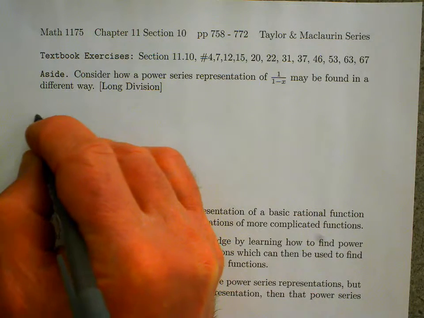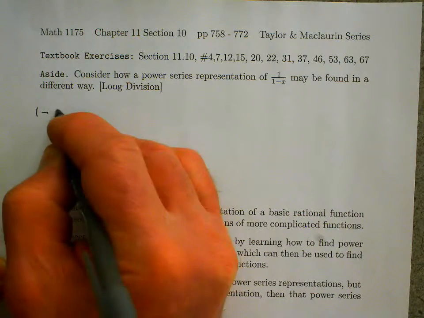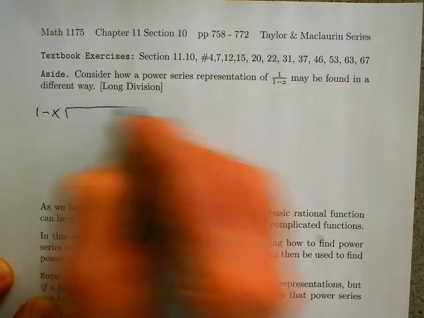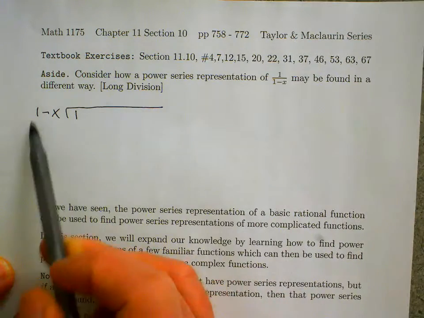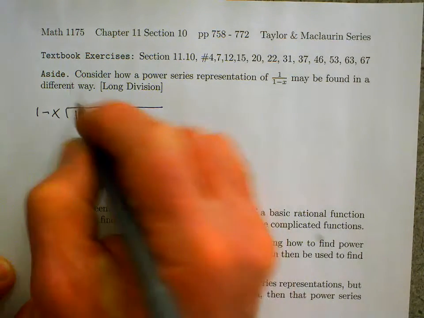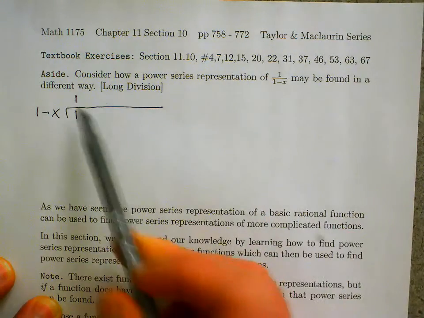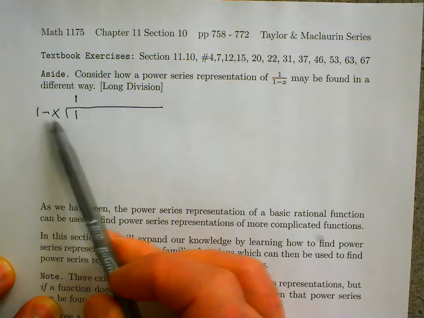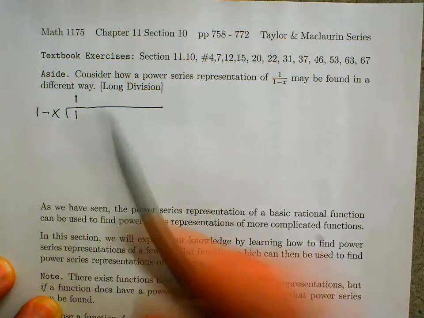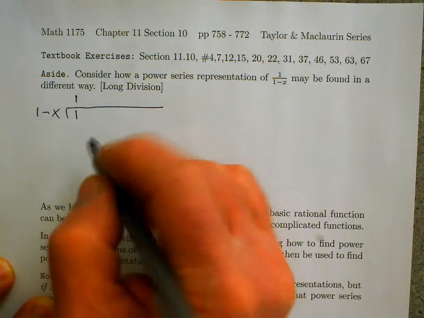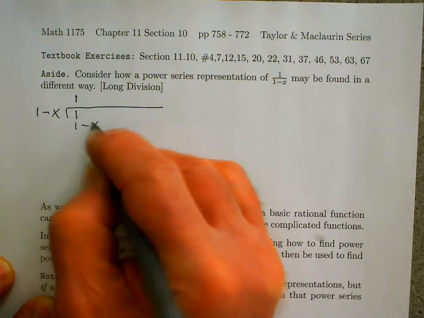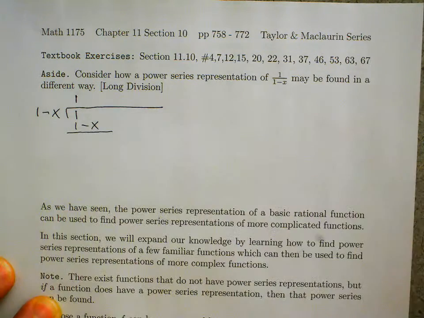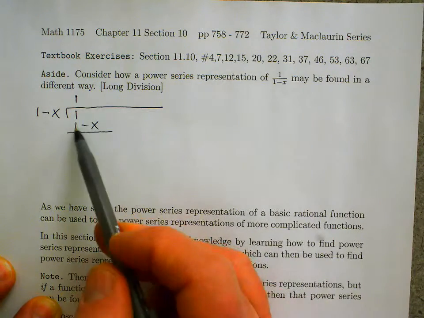So in long division, if we divide 1 minus x into 1, 1 goes into 1 once, and then multiply 1 times the divisor. So 1 times 1 minus x is 1 minus x. And then we subtract. 1 minus 1 is 0.